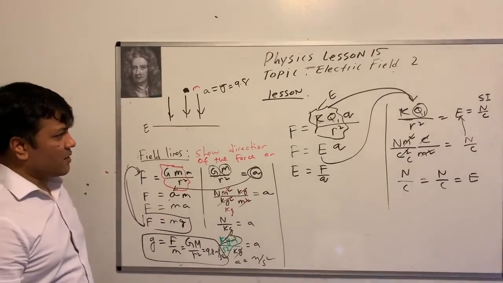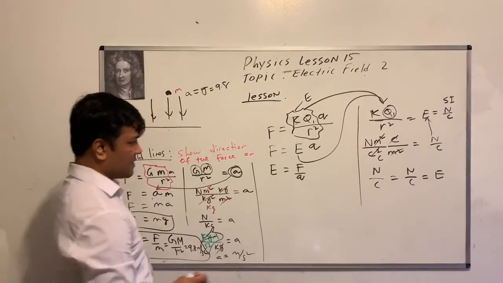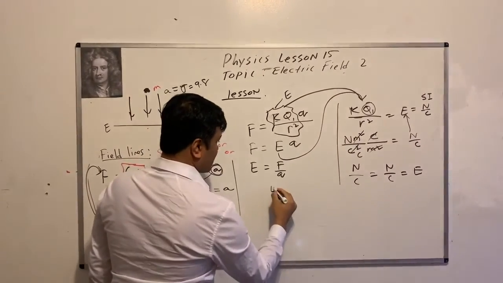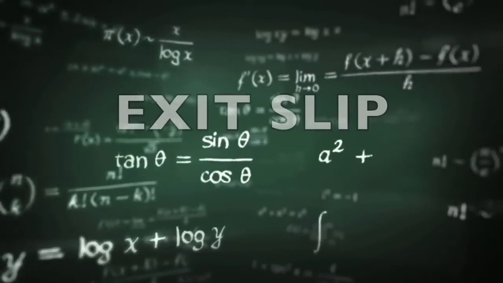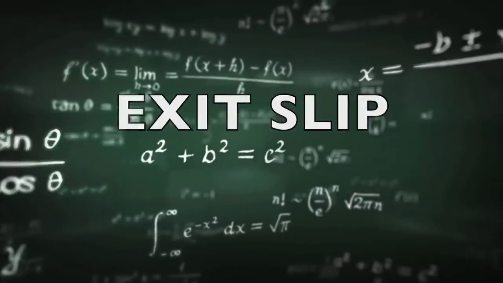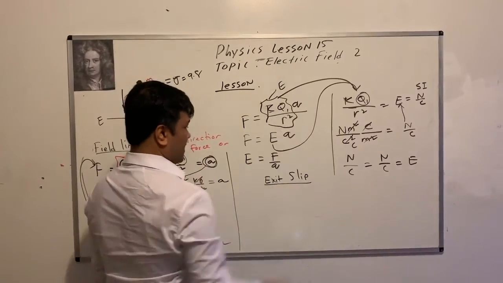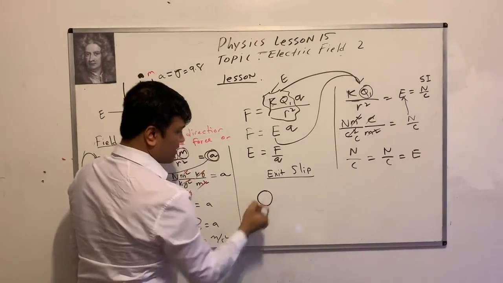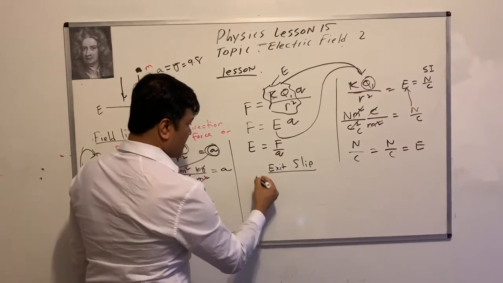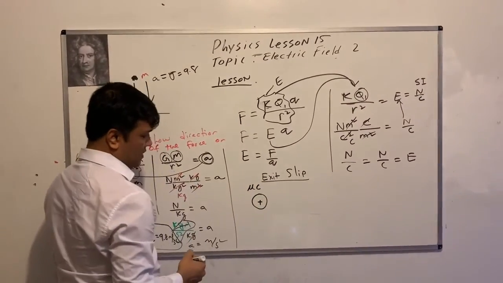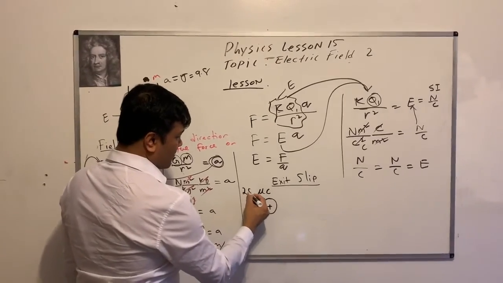Alright, now I'm going to give you an exit slip. Let's finish today's remote learning with an exit slip. I'm going to use the same problem I gave you. Let's say the charge is positive, 25 microcoulomb.